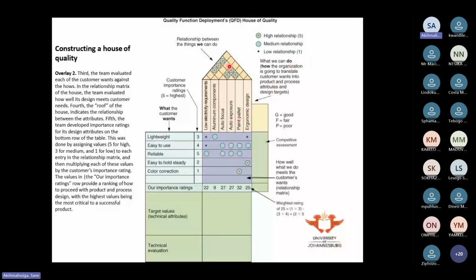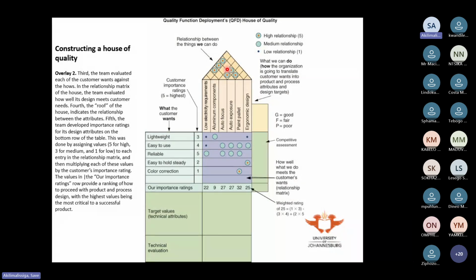So how are you going to provide the relationships here? Again, this depends on you as a business. Like I said, if I give this to all of you to build a house of quality from scratch, obviously you're going to come up with different houses of quality. That is the essence, and we need to understand that.